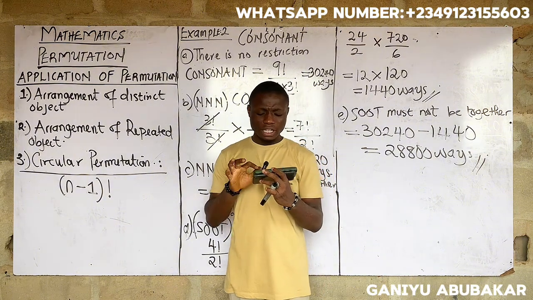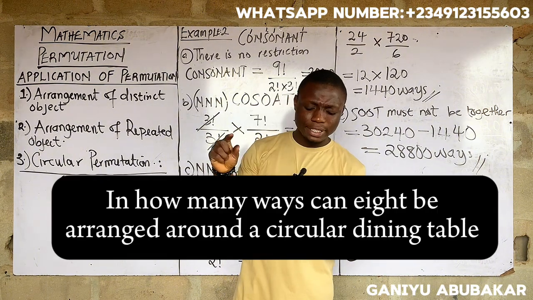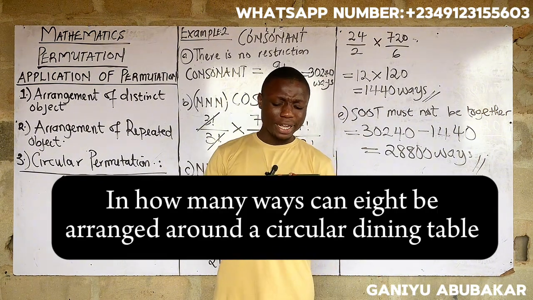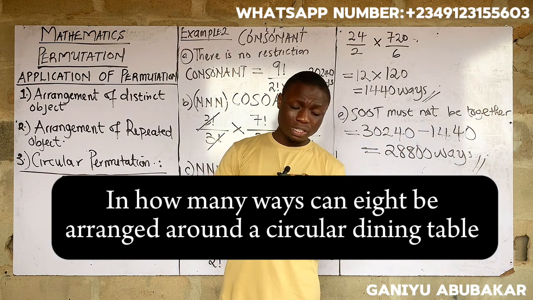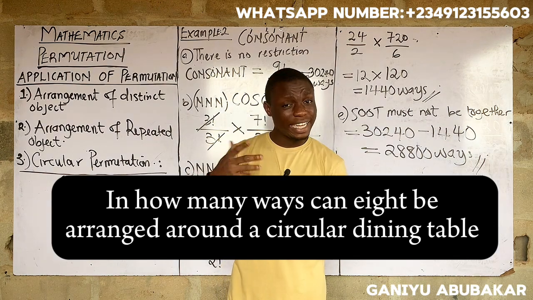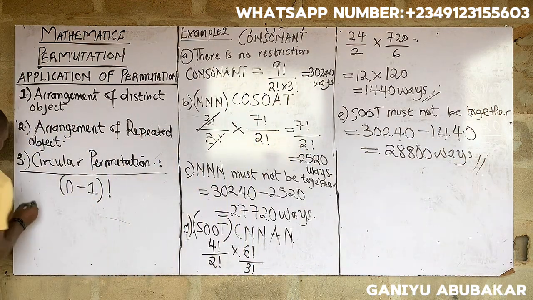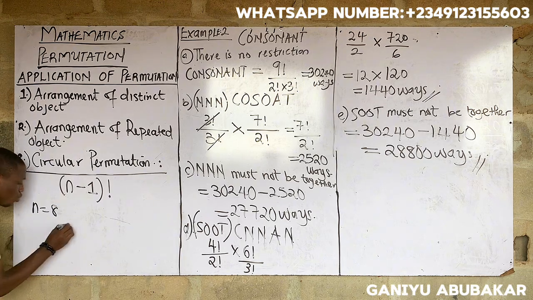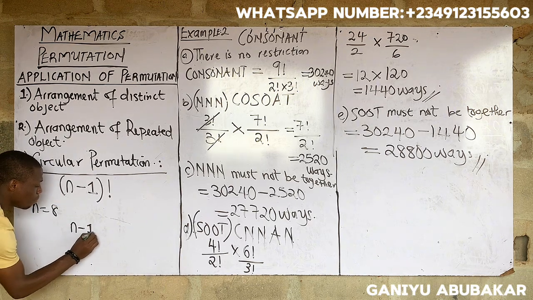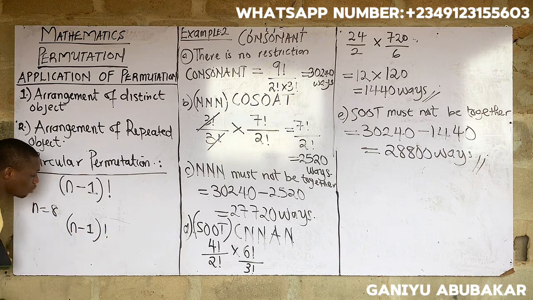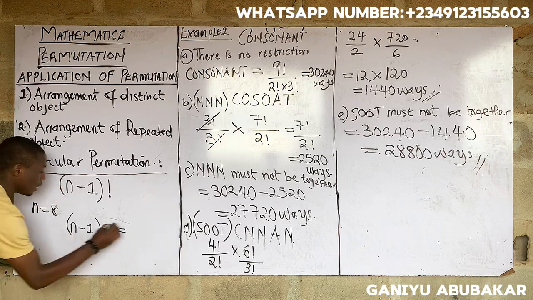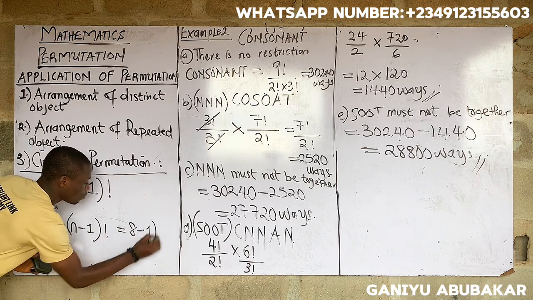Let's do this problem. The problem says, in how many ways can 8 be arranged around a circular dining table? That's the concept. What's the n there? n is 8. So we said the formula is that you must subtract 1 from that value given and take the factorial of it. That's 8 minus 1, then factorial.